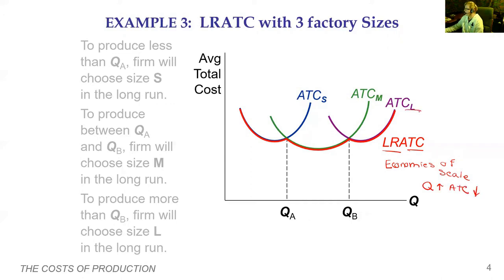If we are out here, this would be our diseconomies of scale. Diseconomies are basically as our quantity increases, average total cost increases.